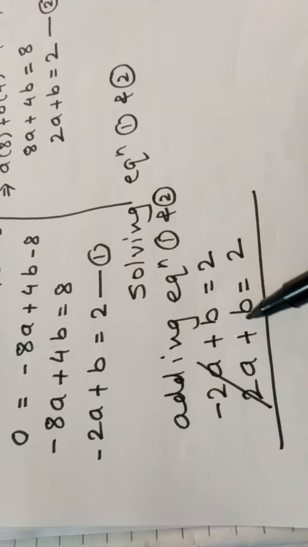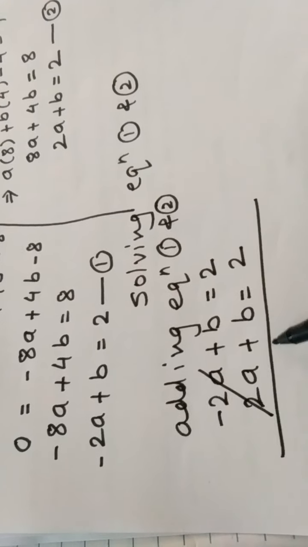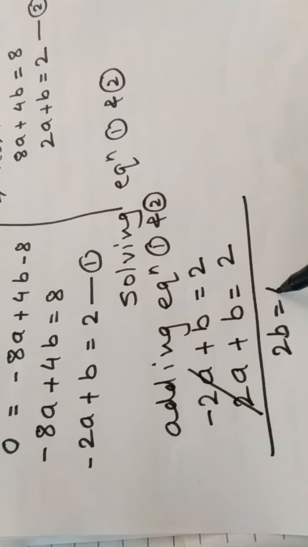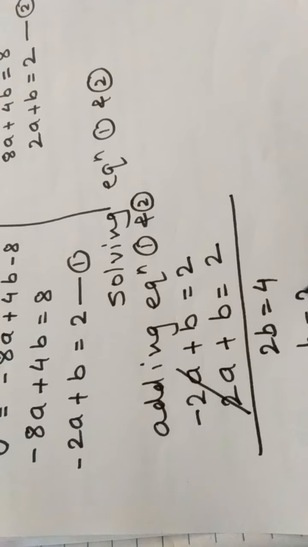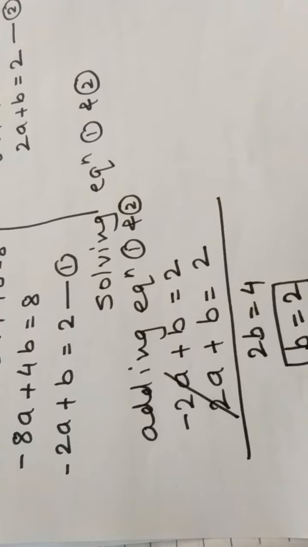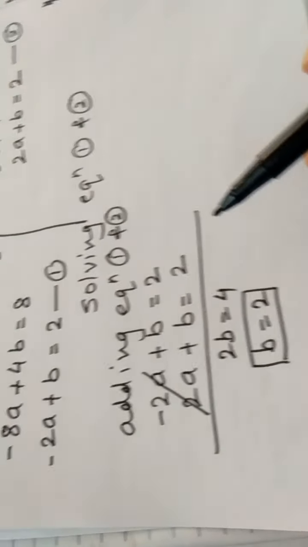Plus 2a and minus 2a cancel. The value is 2b is equal to 4, that is, b is equal to 2. The value of b is 2.